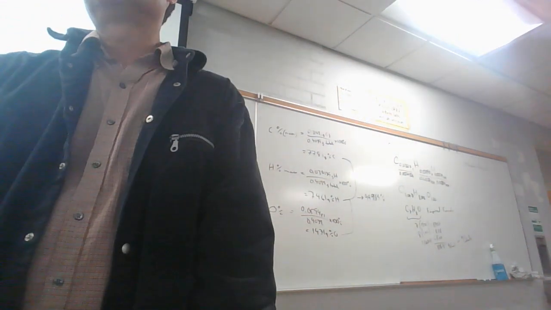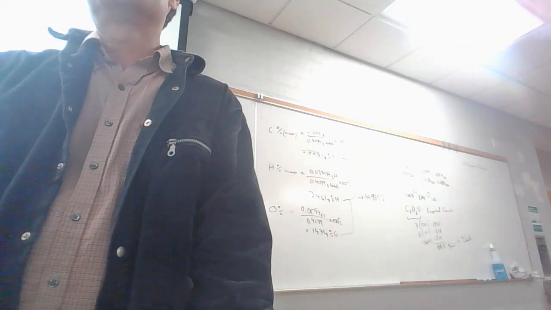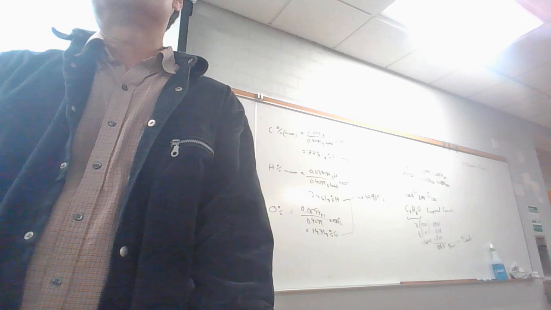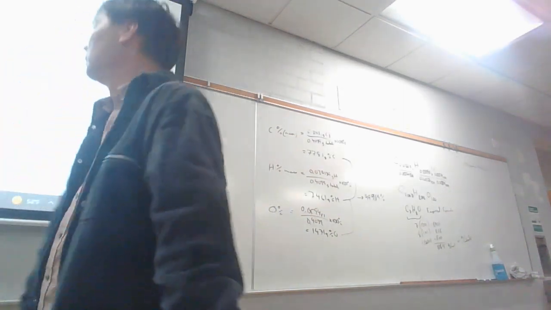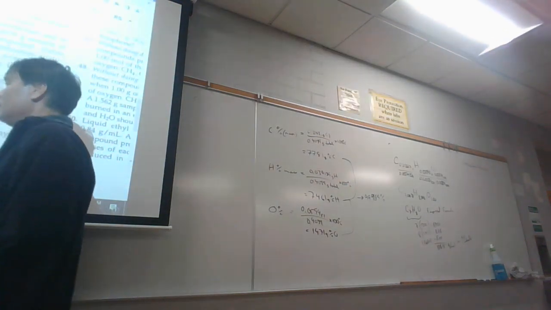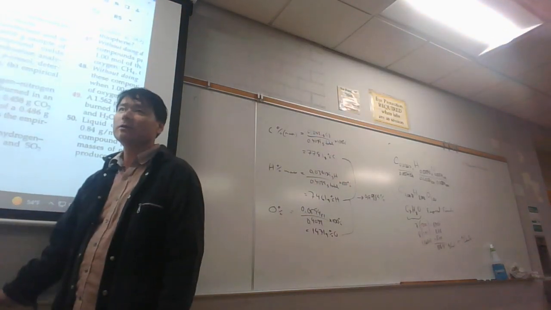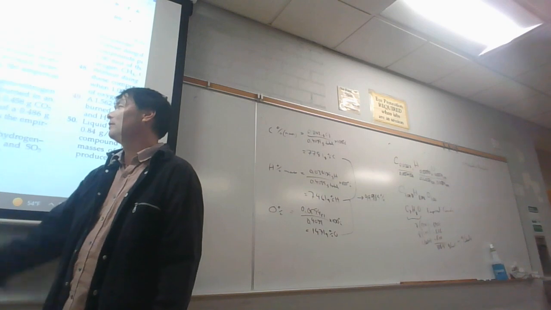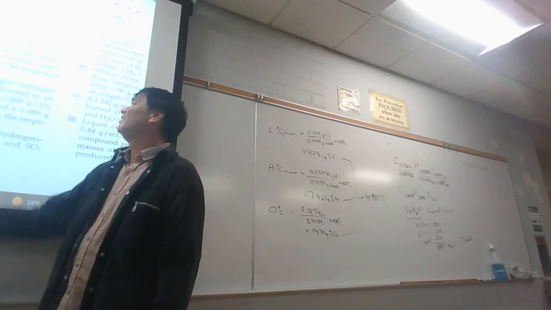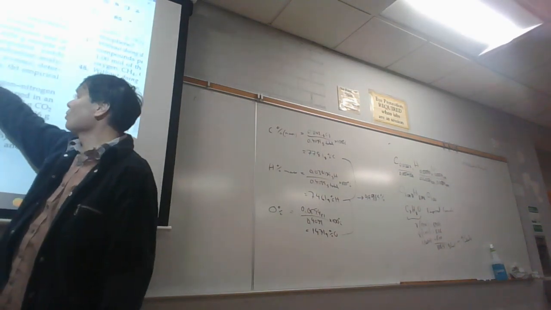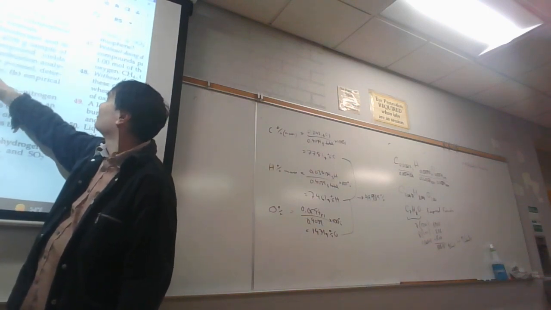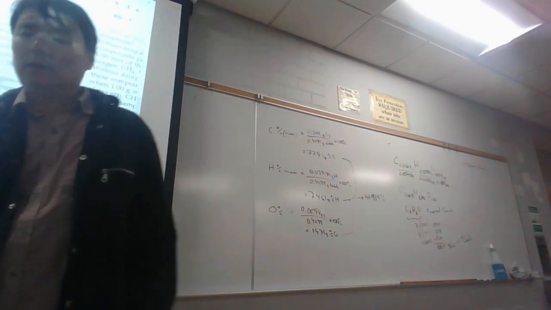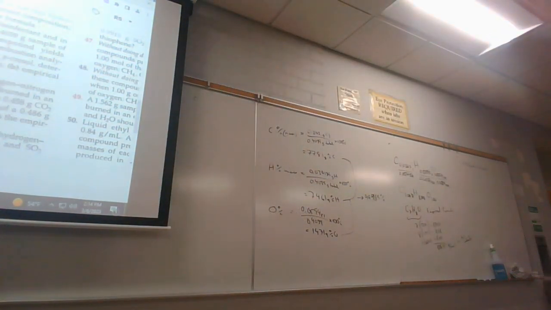Is there a way to get the molecular formula without knowing the molecular mass of the compound? No. There are other ways, like putting it in a mass spectrometer, but if you're doing combustion analysis, you need to be given the molecular mass or the molar mass. Here they give us the molecular mass. In the previous problem, what did they give us?